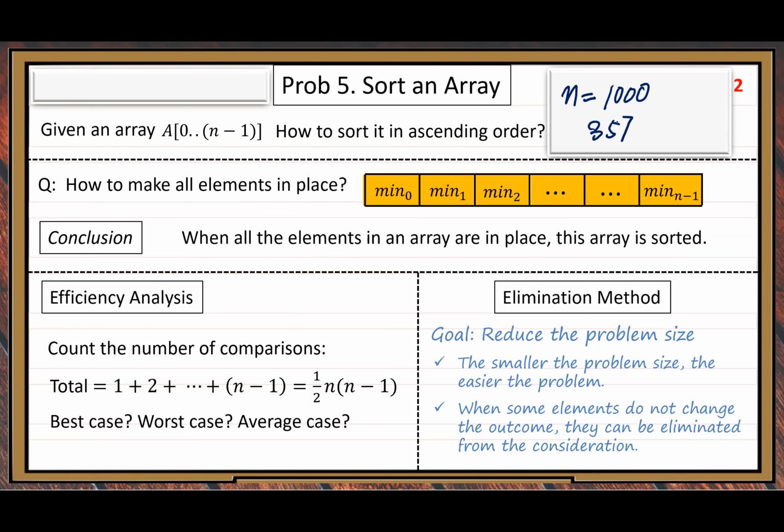But if you are not aware of this, you still keep those useless elements in the group. Then you may do redundant operations, and you waste your operations.